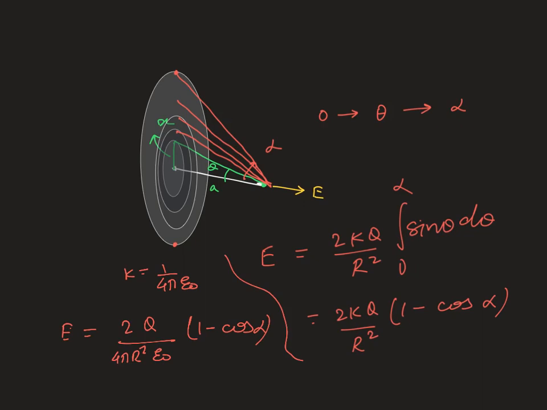And over here you can say that q upon pi r squared was basically sigma. So I'll try to write it at the top here. It will be sigma by 2 epsilon naught into 1 minus cos alpha.